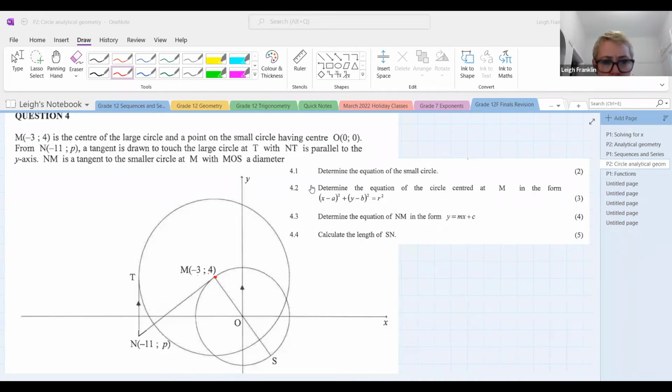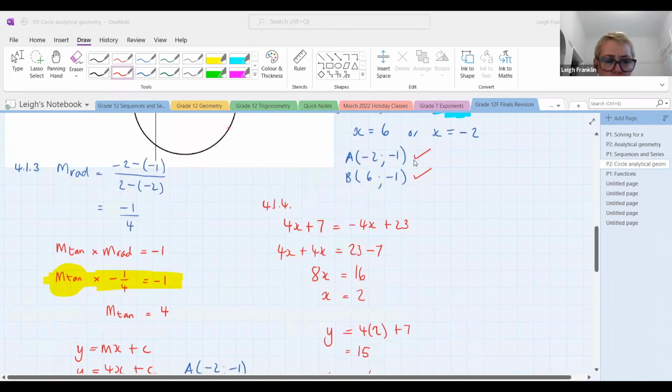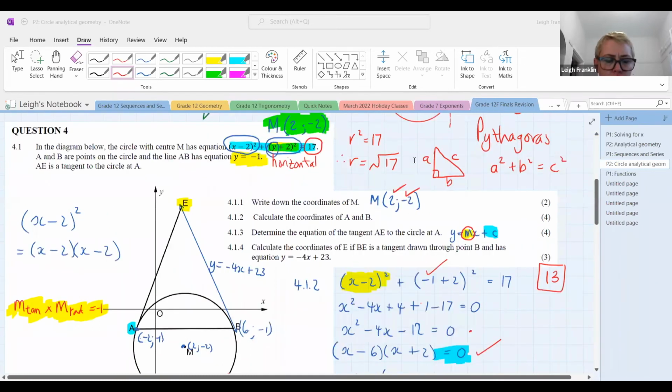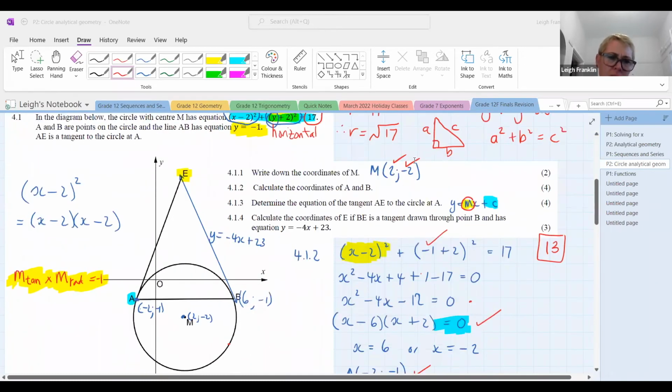Yeah, he meant in relation to the coordinates of E. I don't 100% understand what he's asking, because if they're asking you for the coordinates of E, they wouldn't give you the coordinates at E.